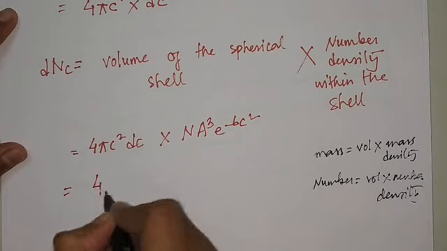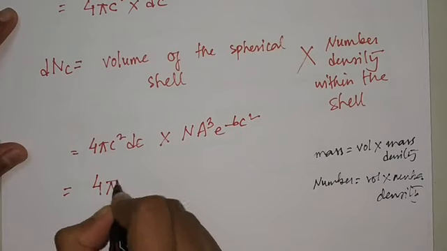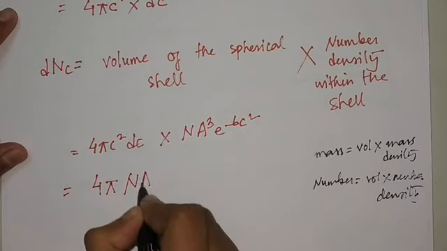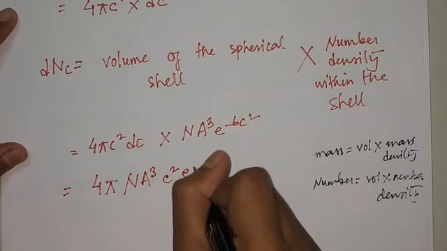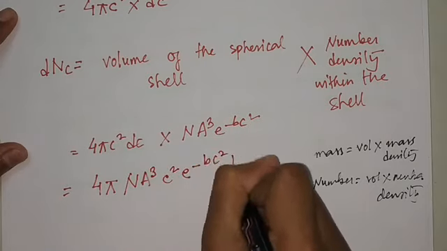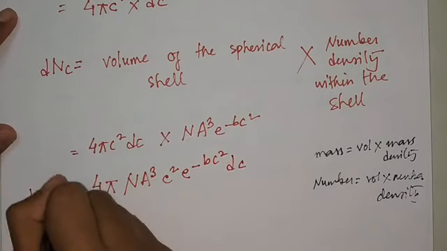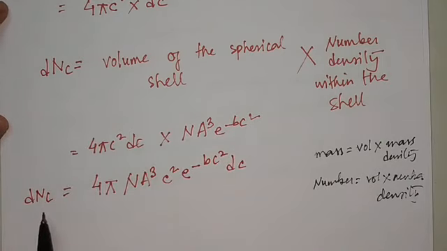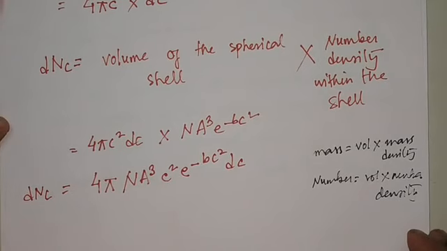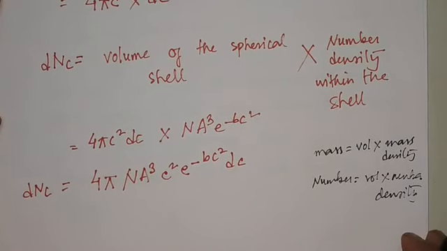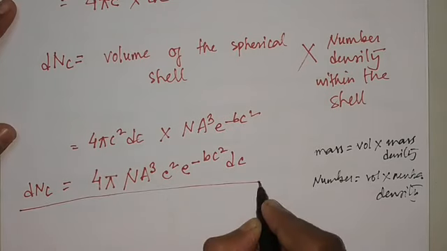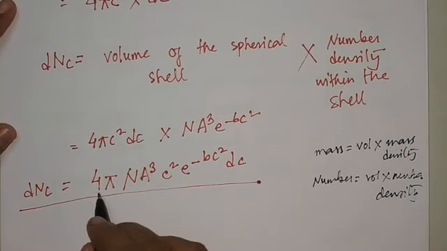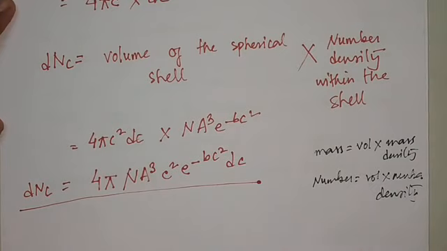So the expression is 4 pi n a cube c square e to the power minus b c square dc. Okay, so dnc is the number of molecules which have their velocities lying between c and c plus dc, and this is the expression for the dnc, number of molecules.